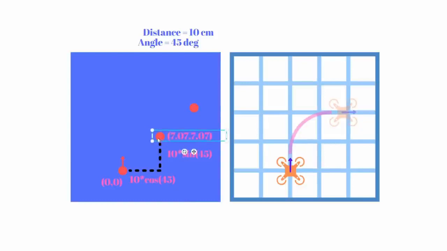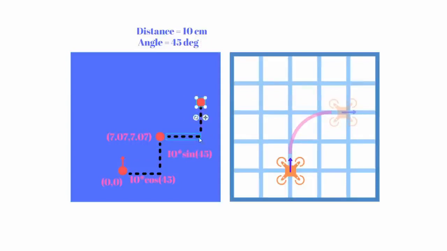So we can place this dot in our actual diagram. Then again, if we are moving with the same speed or distance and at the same angle, it will have the same effect. So we will have 10 sine 45 and 10 cos 45 again. We will do this calculation every single time after every unit block that we have traveled.